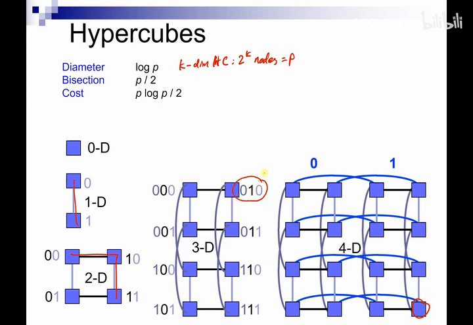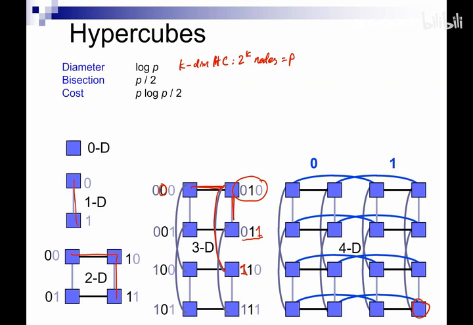For example, 0, 1, 1 differs in a single bit, so we have a connection over here. The 0, 0, 0 differs in the 2nd bit, so we have a connection over here. And the 1, 1, 0 differs in the 1st bit, so we have a connection over here. So we have 1 connection per digit of each node.